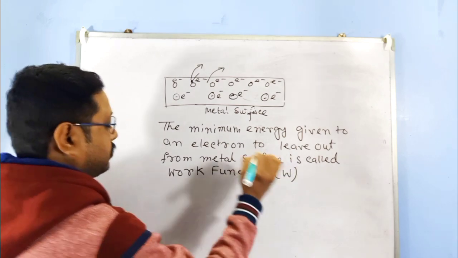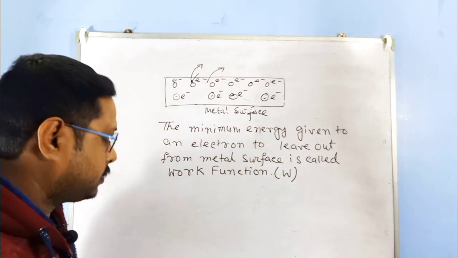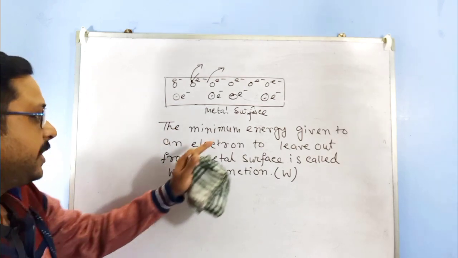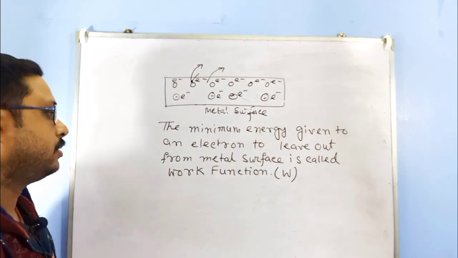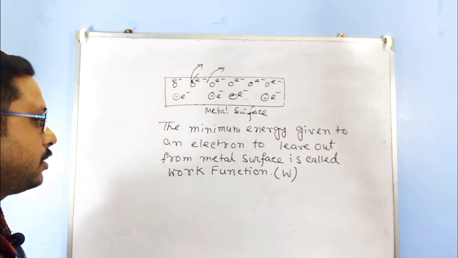It is denoted by W. The minimum energy given to an electron to leave the metal surface is called work function.